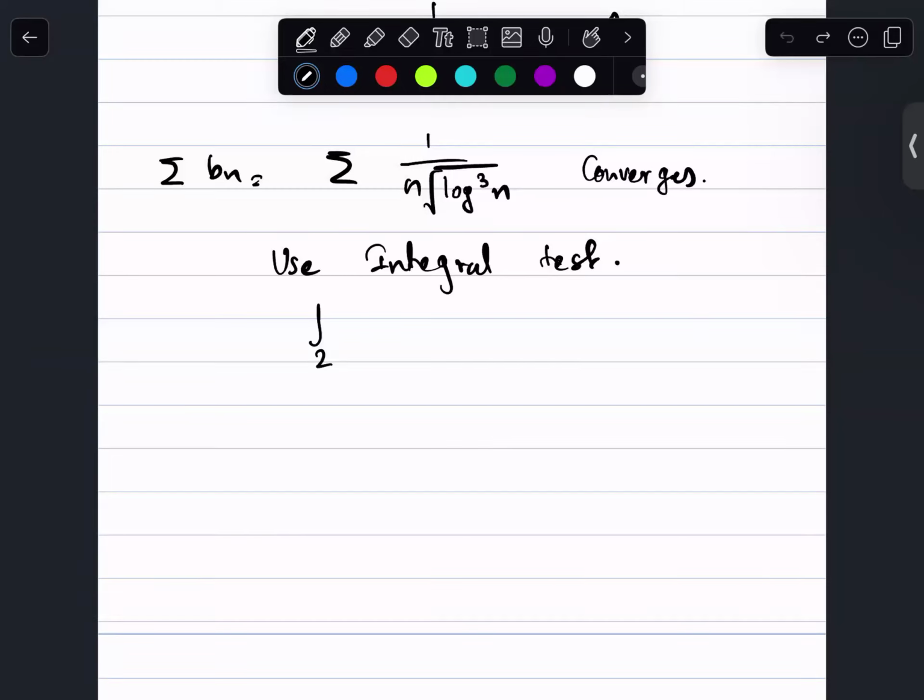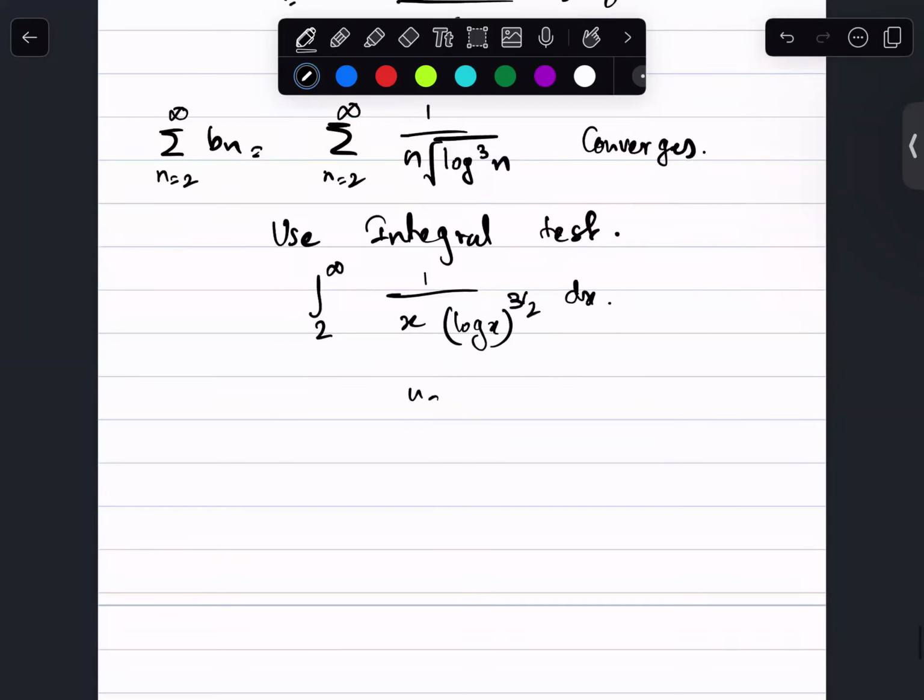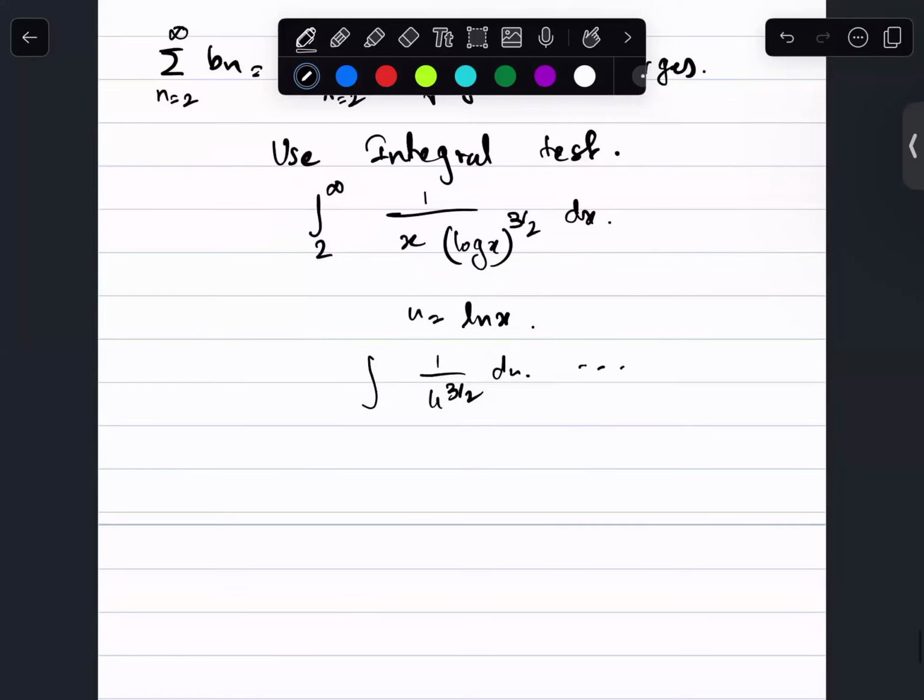Therefore, you should take it from n equal to 2 to infinity. Then the integral test will say that both of these converge or diverge together. Then you take u to be ln x, and this will be like 1 over u to the 3 over 2 du. You just calculate it to conclude that summation bn is converging.